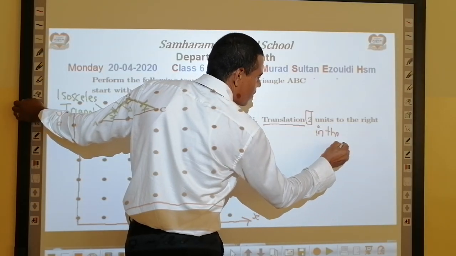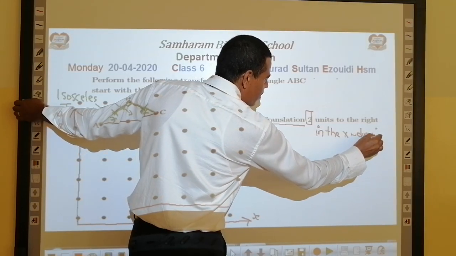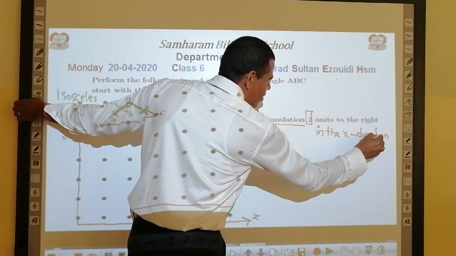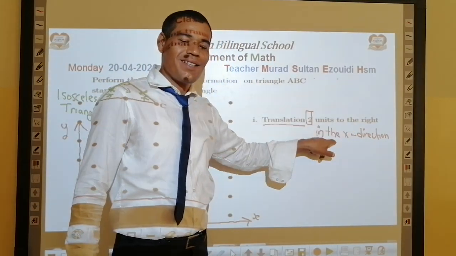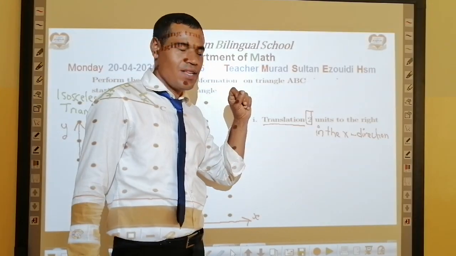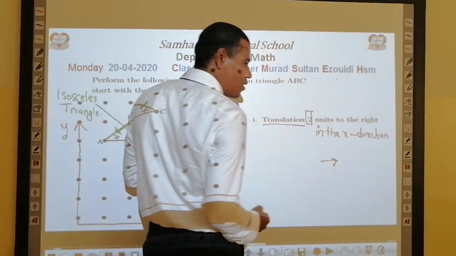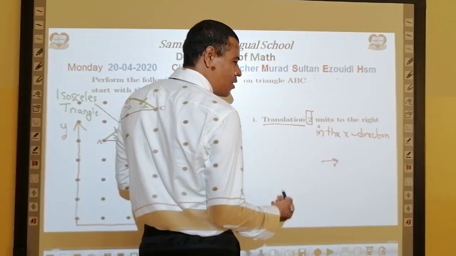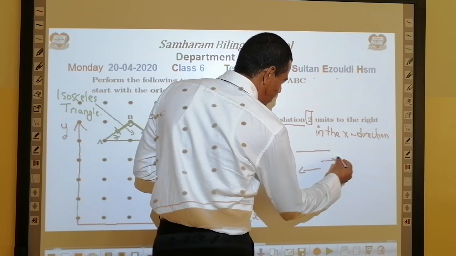It means this isosceles triangle will move 2 units to the right on the x-axis, not the y-axis. Moving in the x-axis means you move any number of units to the left or to the right. This is the x-axis.